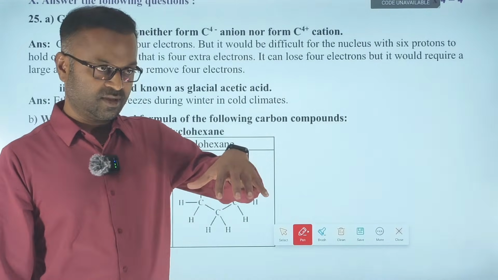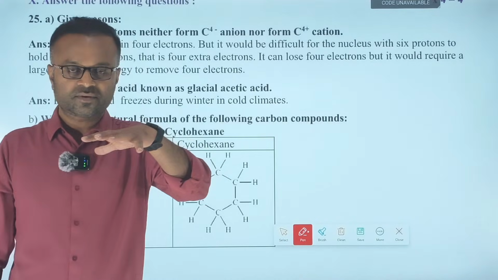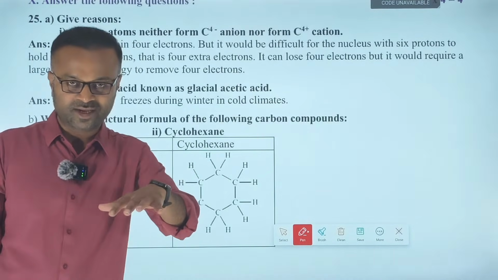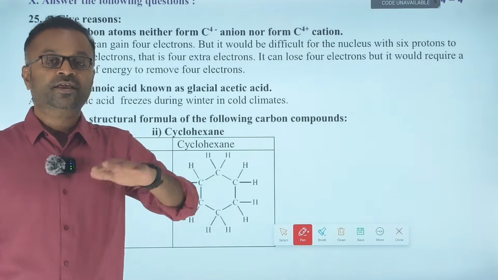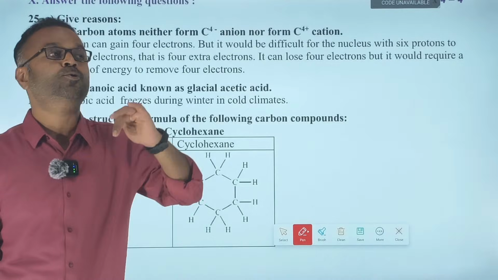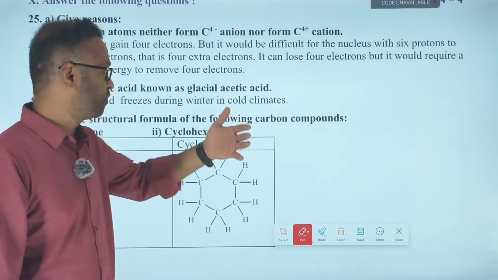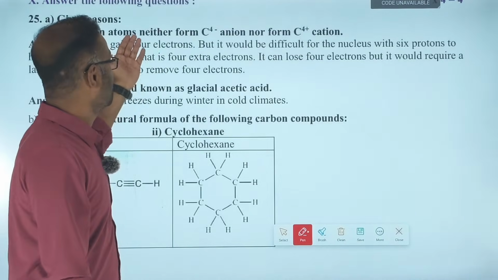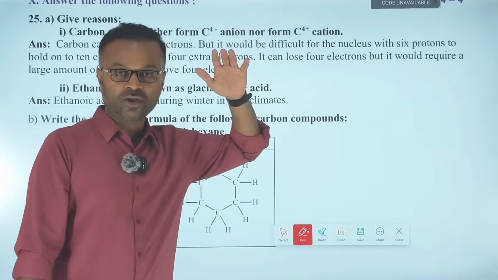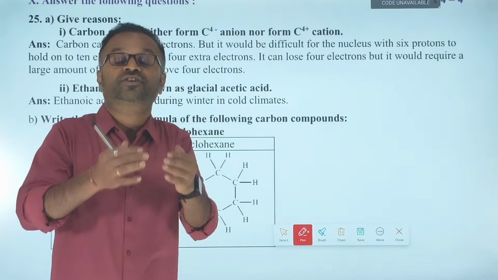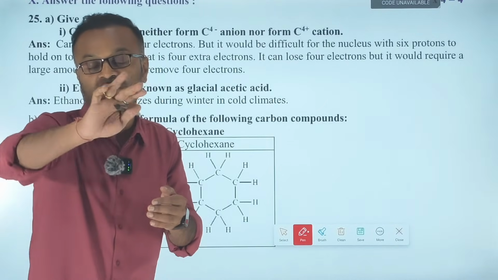Carbon atomic number is 6. 6 protons are there, 6 electrons are there. If the carbon has to lose 4 electrons to become C4+, the carbon cation, it requires a lot of energy to pull out the 4 electrons.